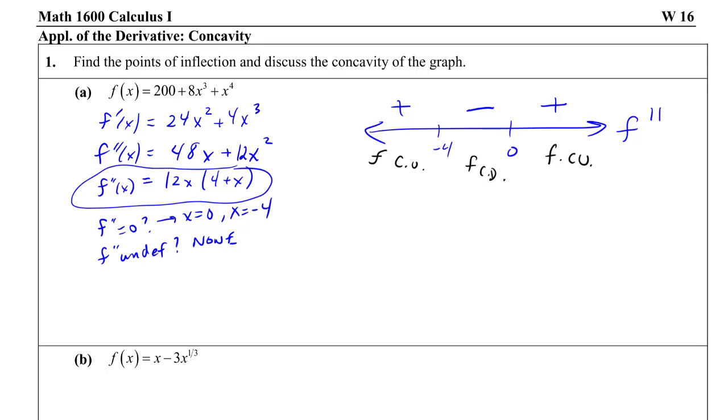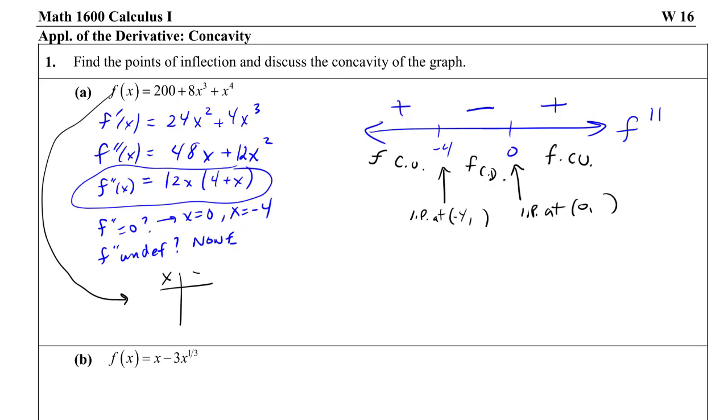Hence, we do have changes in concavity, so I do get an inflection point at -4 something and an inflection point at 0 something. Again, I have to go back to my original function and plug those values in.